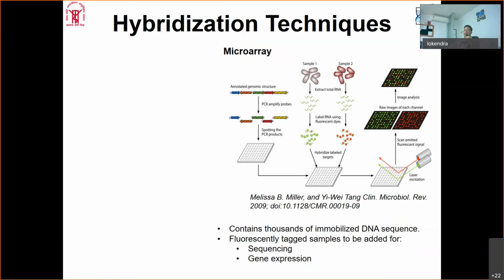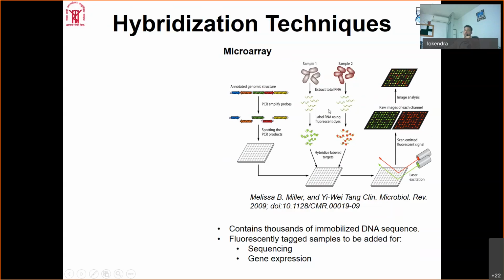they are hybridized. So for example, if one has to identify how much sample one differs in terms of expression of RNA from sample two, in sample one they isolate total RNA and label it with certain dyes specific to sample one. Sample two is again labeled with a different dye.